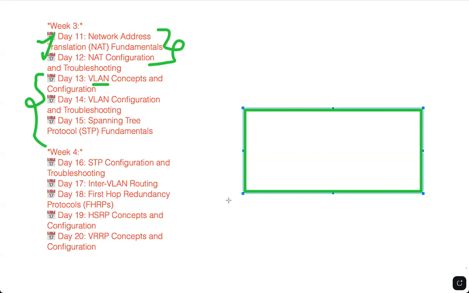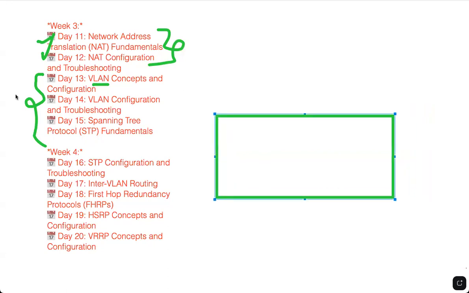So to explain that better, let's talk about a small network. Let's say this is a company. Let's call this company CCIE Core.